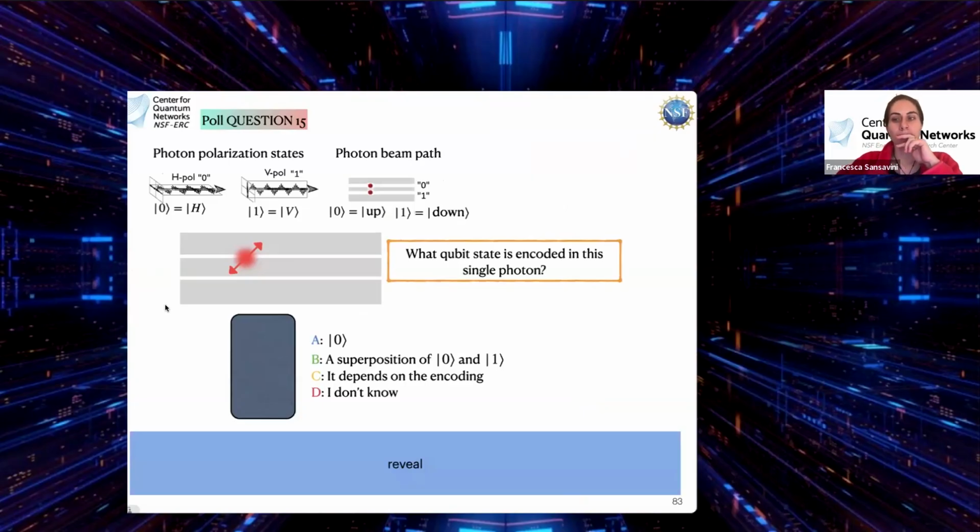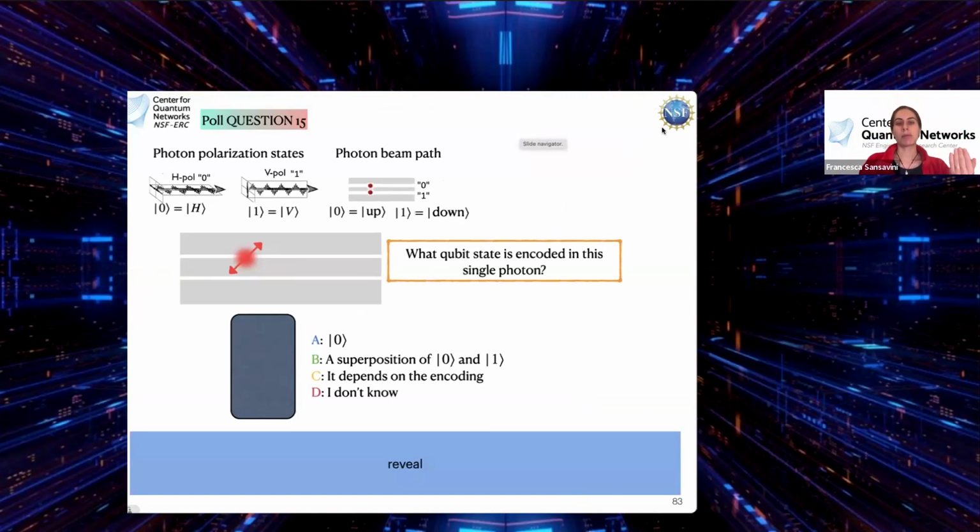Now, to conclude this part, there is this poll question, which is about encoding. And here we're using both the polarization encoding and the photon beam path encoding. And the question, this is a bit tricky, I would say. So we do have a photon, which is polarized diagonally.